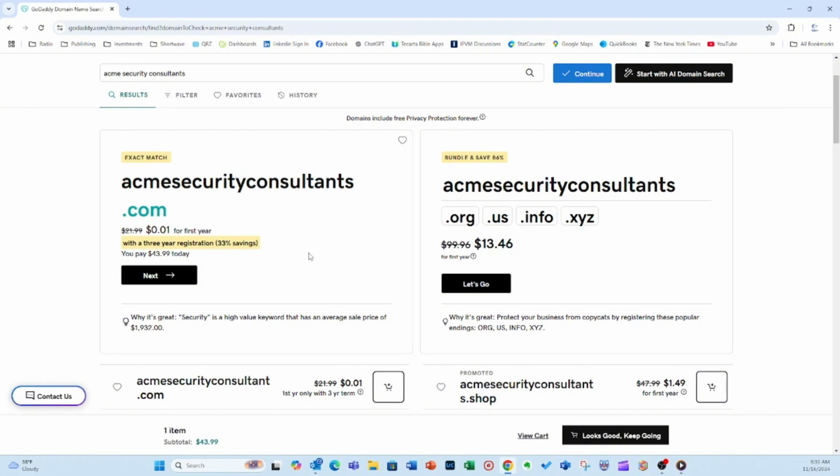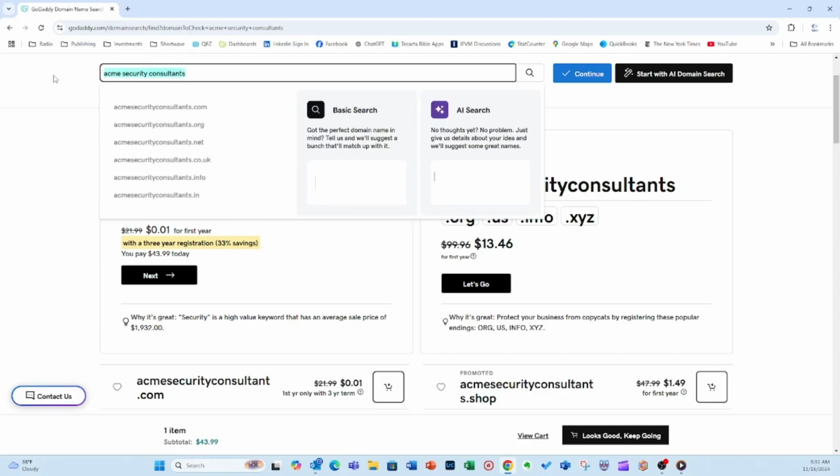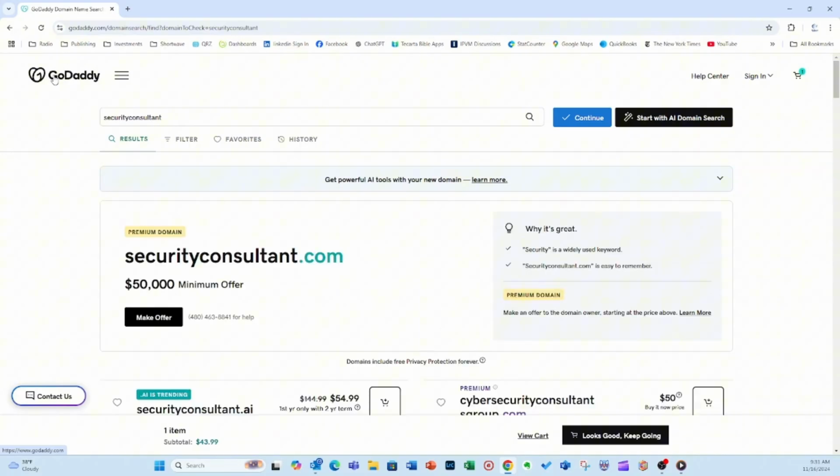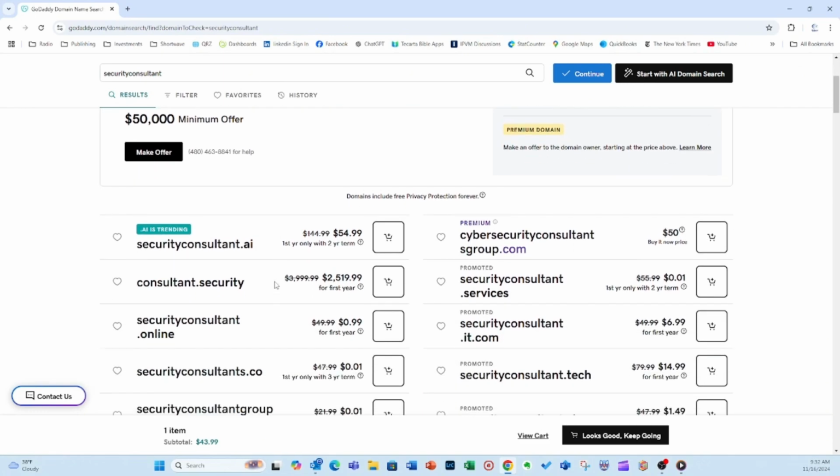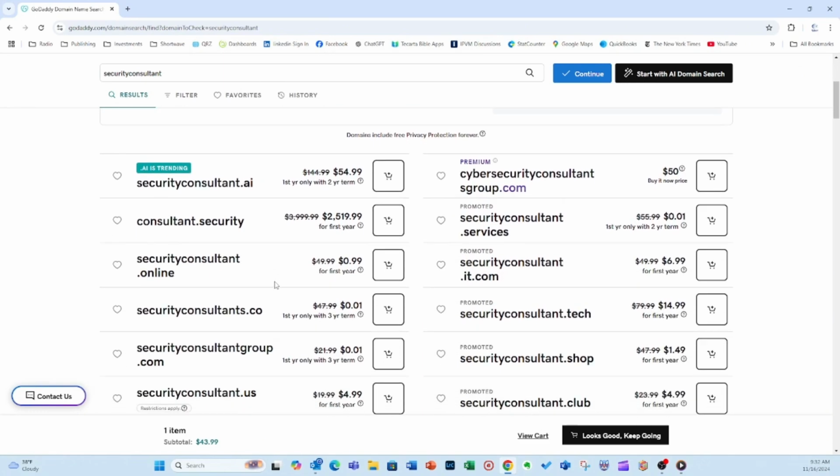Just for fun, let's search for the domain name securityconsultant.com. As you can see, obtaining this name would cost you at least $50,000, which probably wouldn't make sense for even the most successful of security consultants.